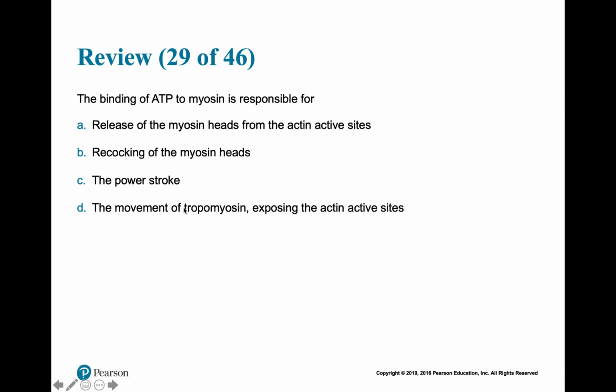The movement of tropomyosin exposing the actin active sites, no, that's a result of calcium binding troponin. So the answer here is when ATP is bound to myosin, it detaches the myosin head from the actin active sites. The release of ADP and P from the myosin occurs during the power stroke.